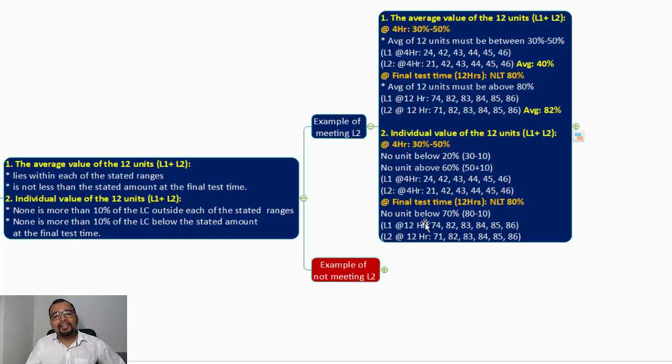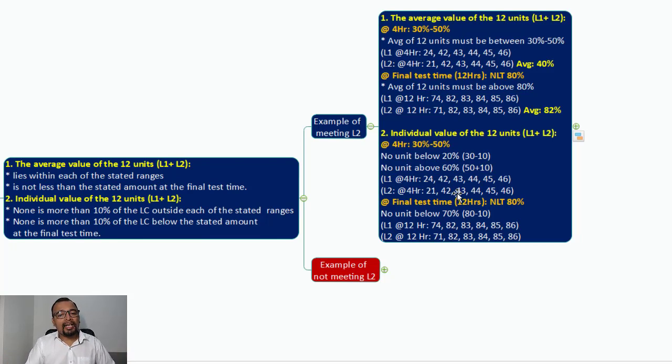In this case, 30 to 50% is the stated range. So 30 minus 10, that is 20%, will give me the lowest value, and 50 plus 10 will give me the highest value. So 20% is the value at the lowest side, and 60% is the value at the highest side at the 4th hour, where the dissolution range is 30% to 50%.